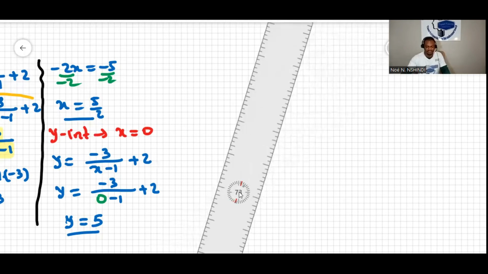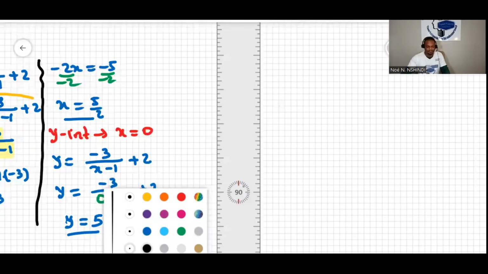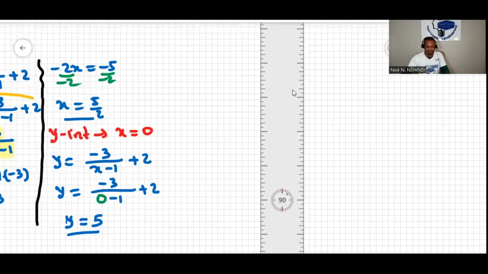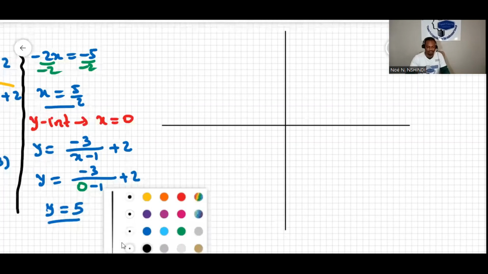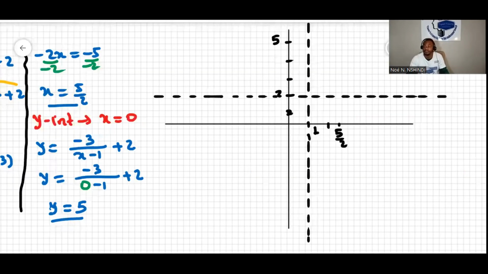I need to draw now the vertical axis, the y. Let's do it over here.